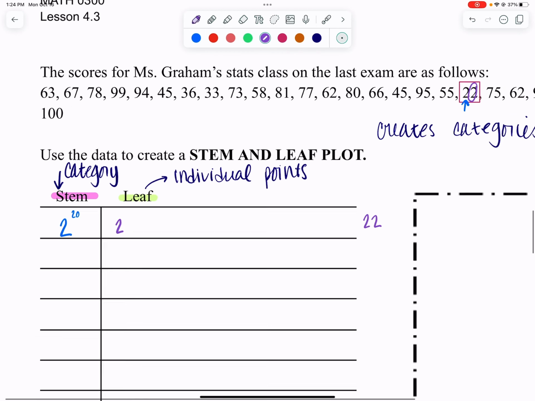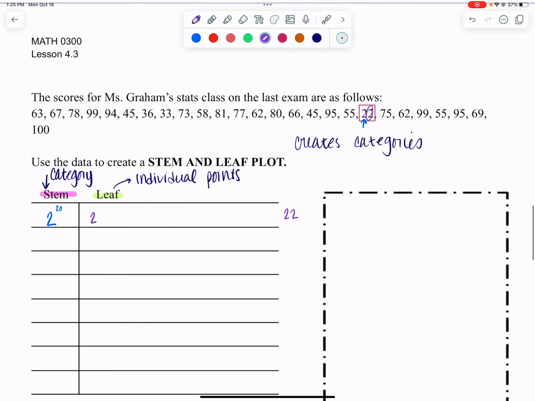So now I'm going to look at my 30s, to see if I have anybody in the 30s range. For the 30s, I have a 36 and a 33, and I think that's it. So I am going to pull off my stem. My stem is the category my numbers belong in. In this case, it's the 30s.